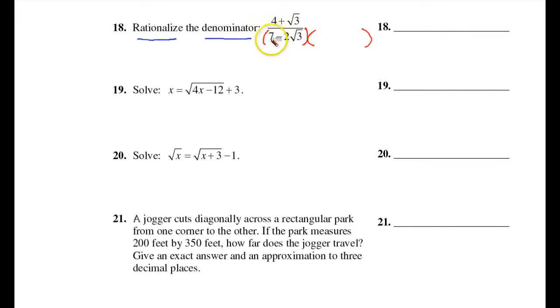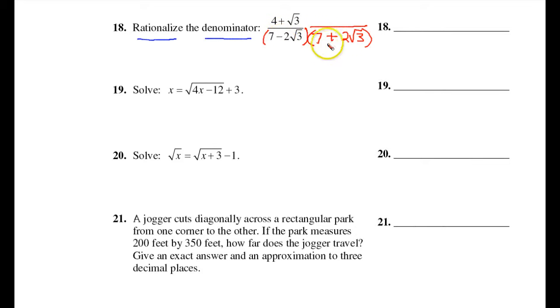Now you may recall a conjugate is exactly the same terms, but the opposite sign, separating the terms.